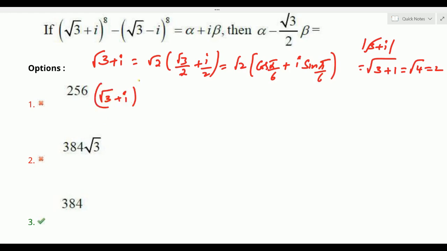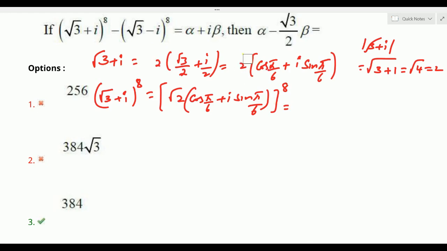According to the Demoivre's we have to do this: 2 of cos pi by 6 plus I sin pi by 6 whole power 8. This is 2, not root 2. 2 to divide chesi multiply chesi 2.